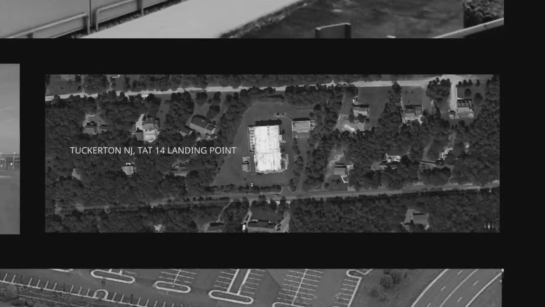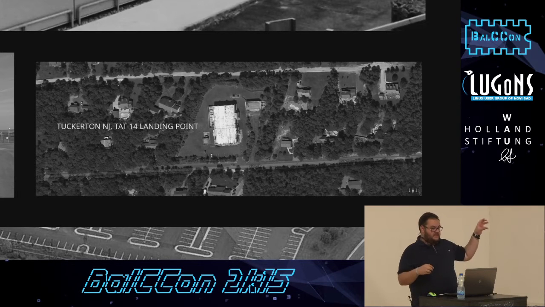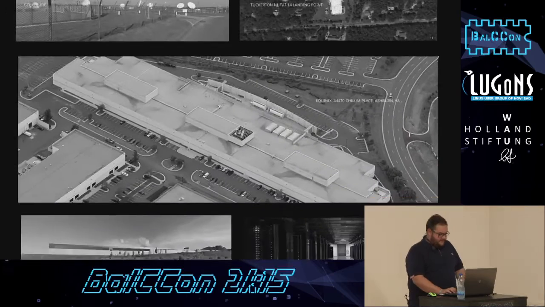Now, after it dives under the Atlantic, goes into this fiber cable, it goes to the U.S. This is in Tuckerton in New Jersey, the landing point of the European internet. Basically, if we have Gchq on the one side that constantly sends packets and receives, of course, we have the Tuckerton on the east coast of the US that receives European traffic.